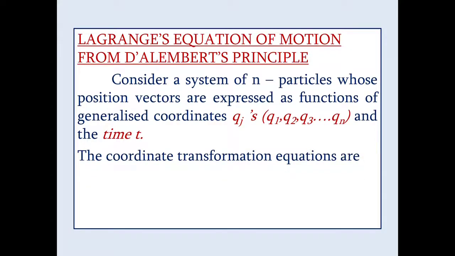For this system comprising n particles, we can write the coordinate transformation equation as Ri, that is the position vector of the n particles: Ri equals Ri as a function of q1, q2, q3 to qn, comma, time t.